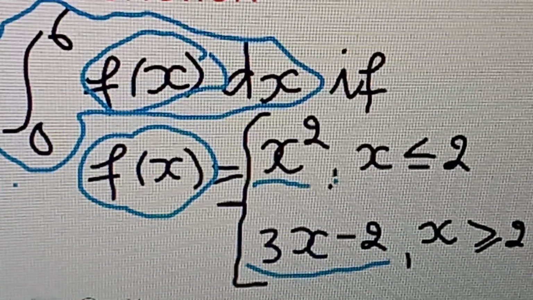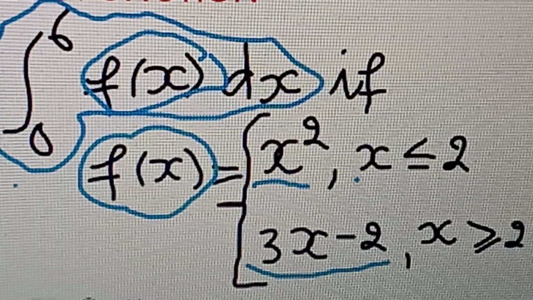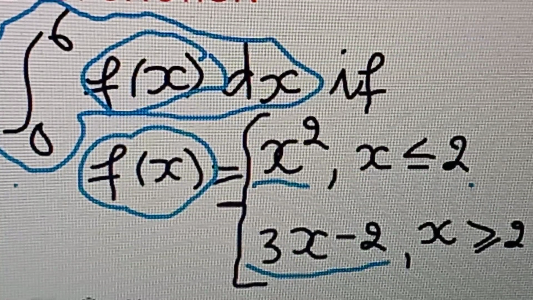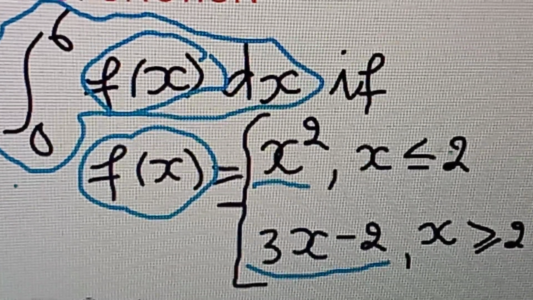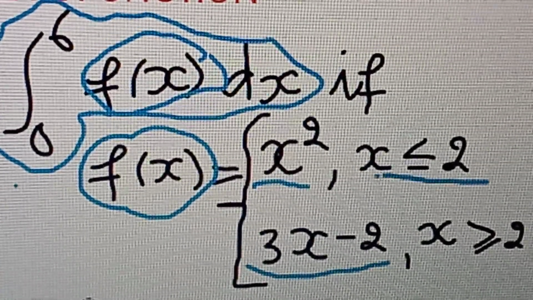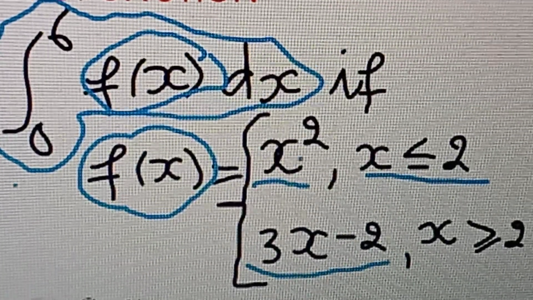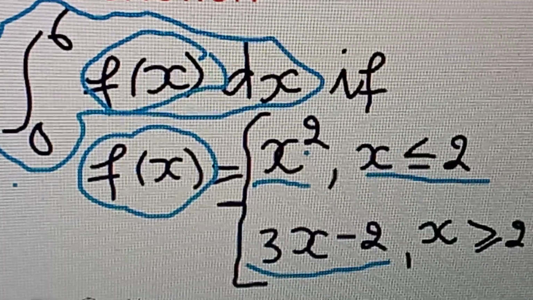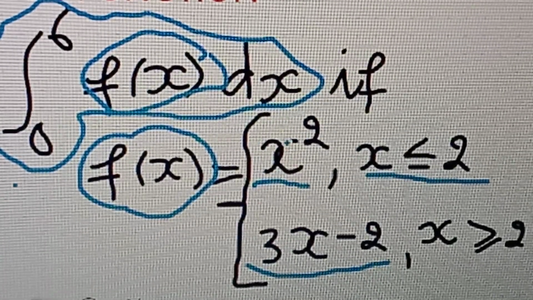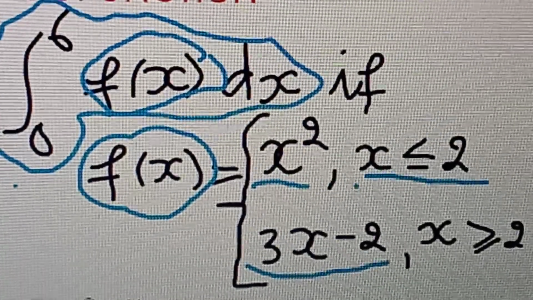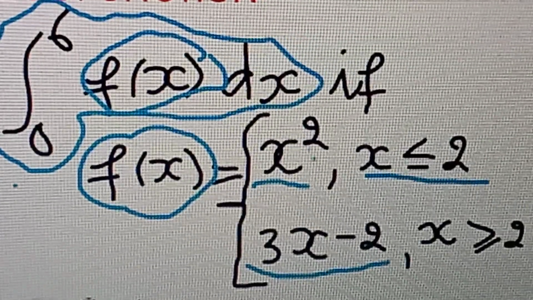Now, this function's boundary does not go beyond 2, from 0 up to 2. This is the upper boundary of this one among the components of the piecewise function. This is the upper boundary of this function.